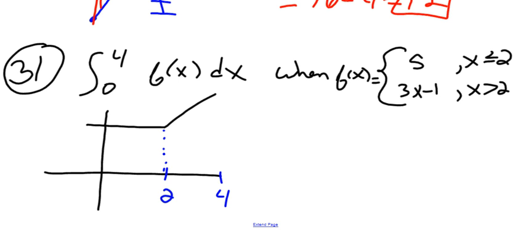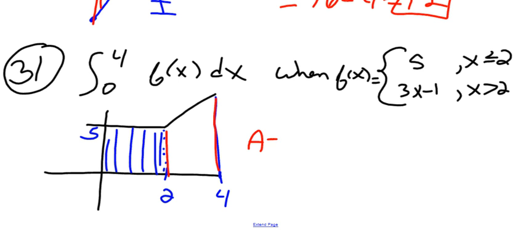So from here, I'm going to use a rectangle for this one. And then I'm going to use the area formula for a trapezoid on this one. And then I can add them together. They're both above the x-axis, so they're positive.